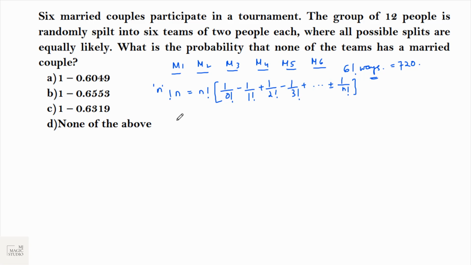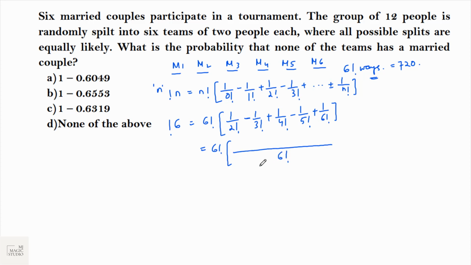So in our case, subfactorial n would be 6 factorial into 1 by factorial 0 is 1 and minus 1 by factorial 1 is also 1, which can be cancelled out. Then 1 by factorial 2 minus 1 by factorial 3 plus 1 by factorial 4 minus 1 by factorial 5 plus 1 by factorial 6. Let's solve this.